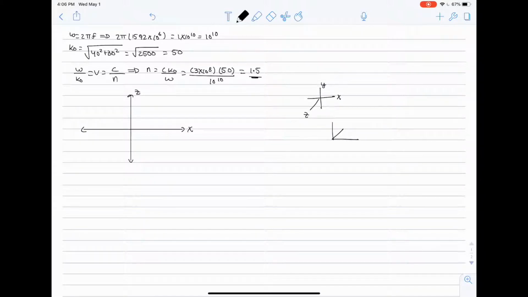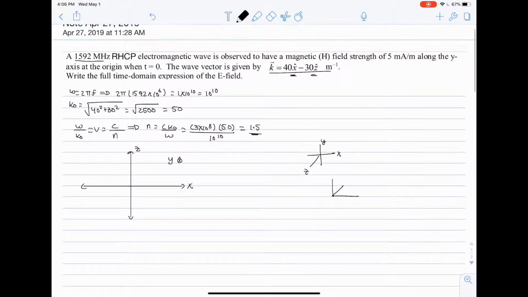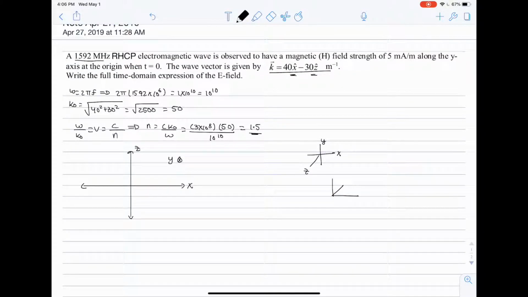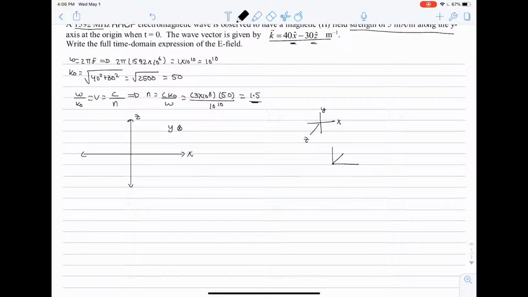So y is pointing into the board. And since the question says our H is along the y direction, we also know that our H is going into the board.